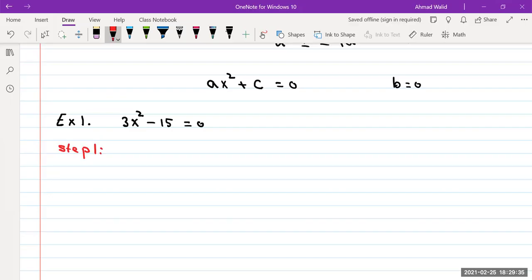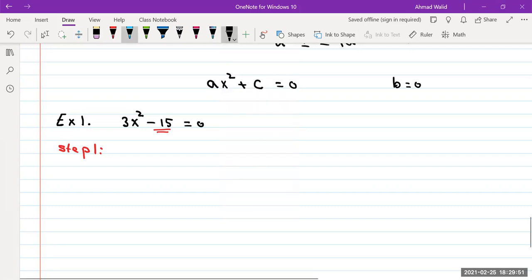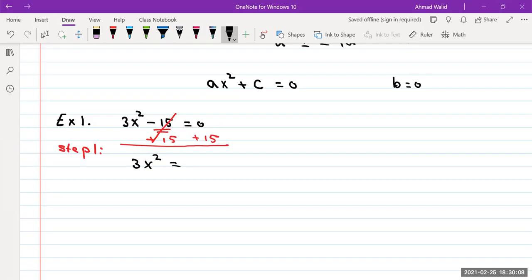And step 1, always move your constant to the right side of the equation, and the term that has x squared in it, isolate it on the left side. It means here, I will first add 15 to both sides, which I'll end up with 3x squared equals 15.